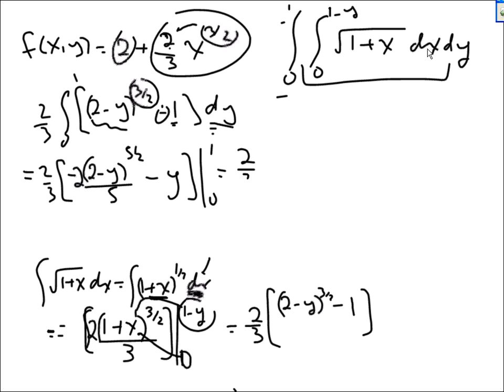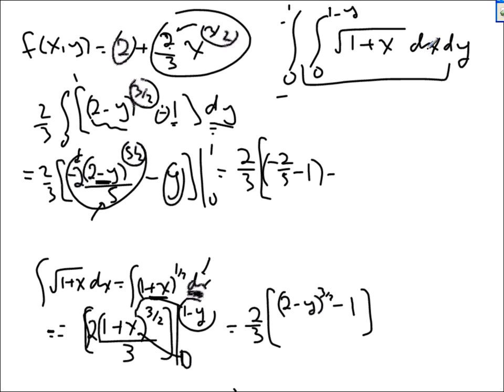The 2/3 I factor out. When I plug 1 in here, 2 minus 1 is 1. 1 to any power is 1. So you just get the negative 2/5. You get negative 2/5 minus y is 1. Minus, now you plug in 0. 2 minus 0 is 2. So you get the negative 2 in front.